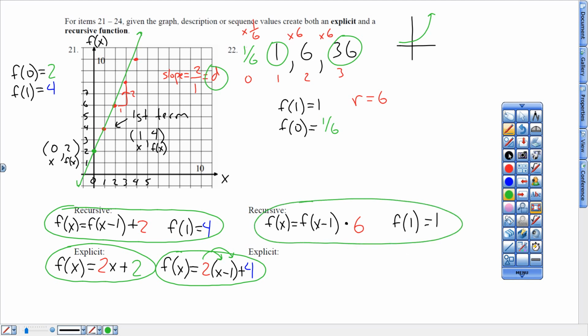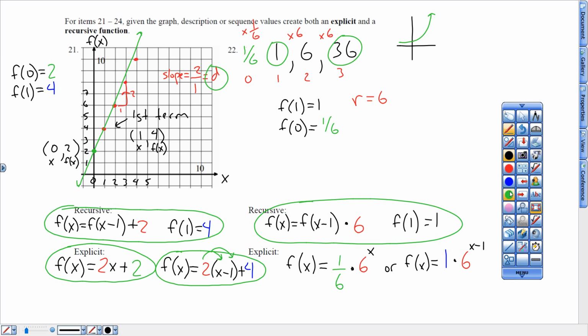And of course, the first term, once you list it, is 1. If I'm doing explicit, a little harder, I could use that 0 term times the R number to the x power. Or I could shift over 1 to the right and use that first term, which is that 1 right there, but times that same 6 to the x minus 1.